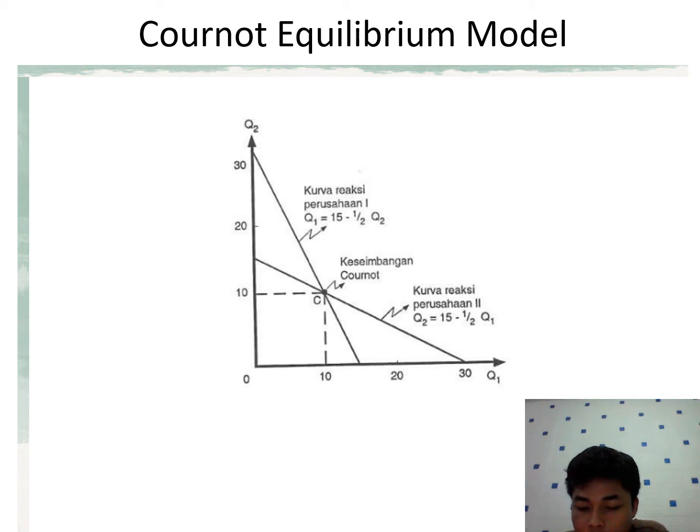If P equal to 30 minus Q, then the equilibrium price is 20. This equilibrium is called equilibrium Cournot or Cournot point. In this curve, Cournot equilibrium occurs at point C3.